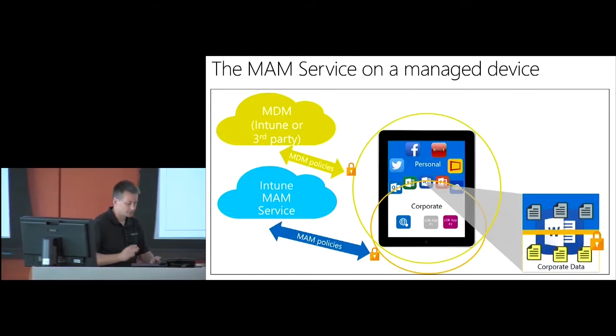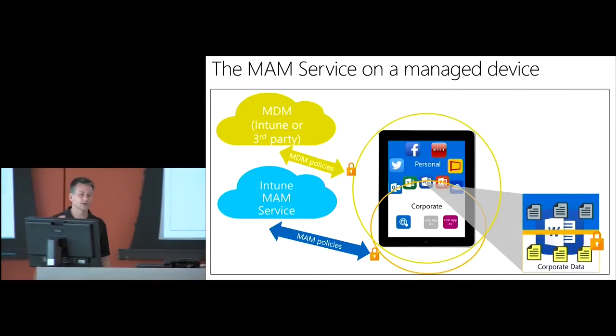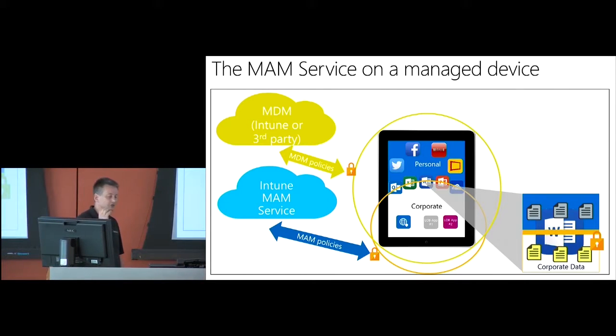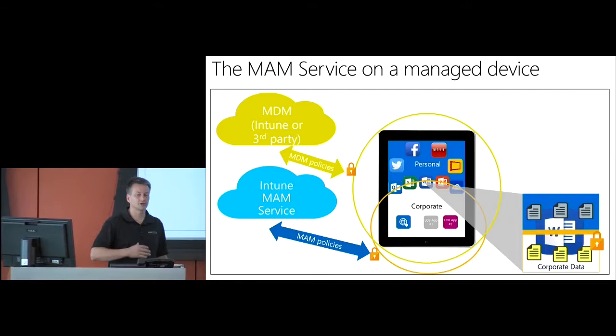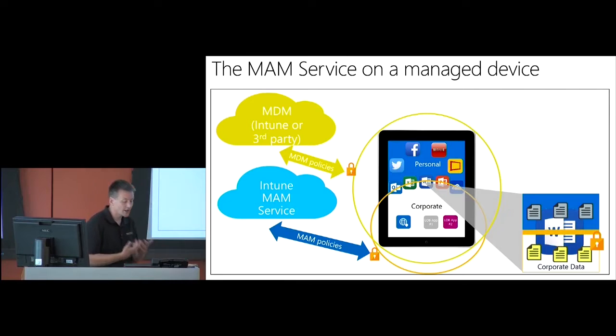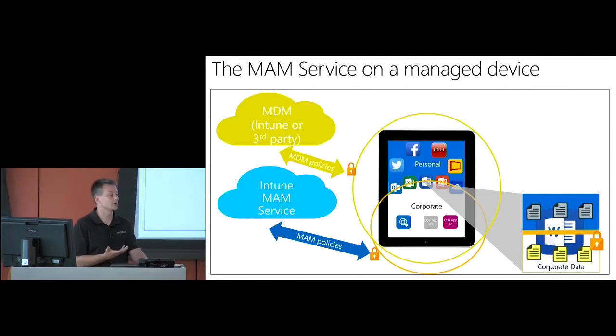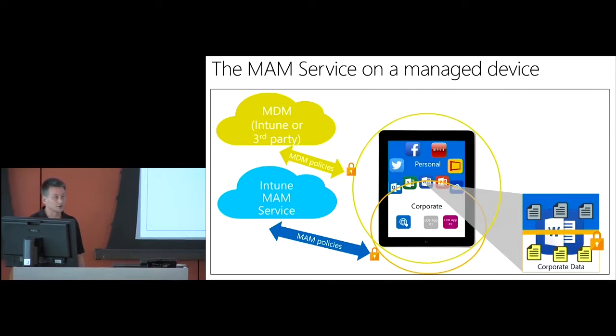Okay. Very important point here: with the MAM capabilities that we have in Intune today, you can use that on top of a device that may be using another MDM solution for device management. Obviously, you're not going to get any integration with conditional access from Intune. But if you've already got another MDM vendor, or a BYOD device that you don't want to manage, you can just use the MAM capabilities on that device itself.